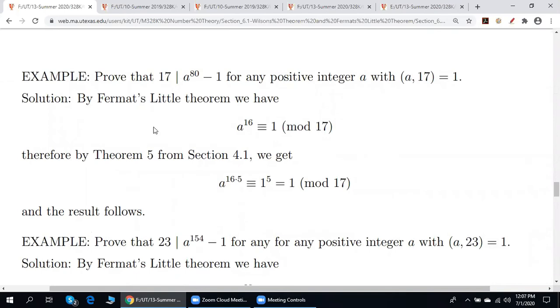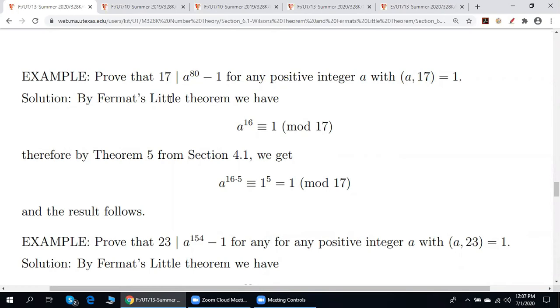Let us prove that 17 divides a to the power 80 minus 1, where a is a positive integer which is relatively prime with 17.